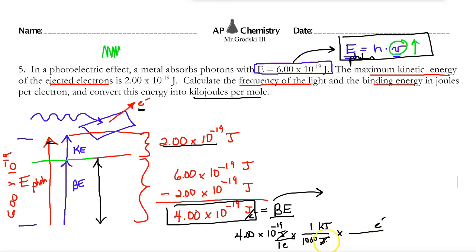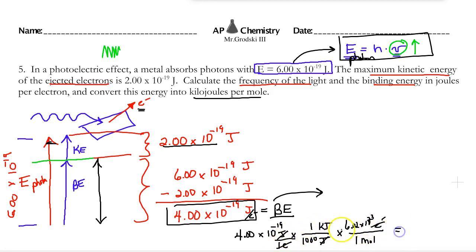What we know is that 1 mole is equal to 6.02 times 10 to the 23. I'm going to multiply by that because I have a single electron, so I want a mole of them, and I have to multiply by Avogadro's number. Notice electrons cancel, and I'm left with kilojoules per mole.